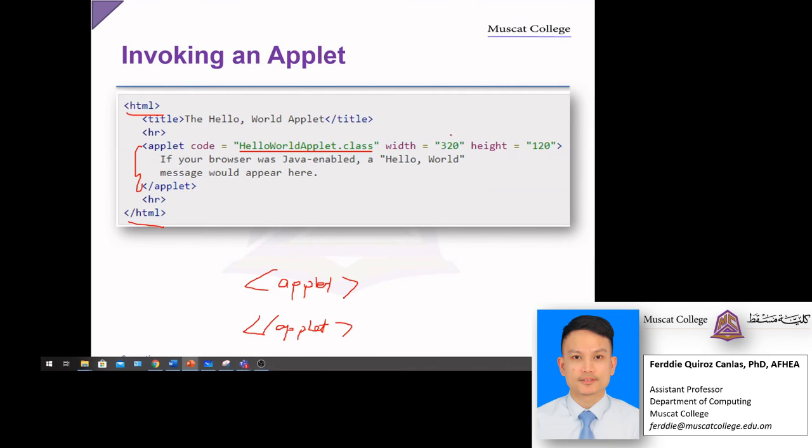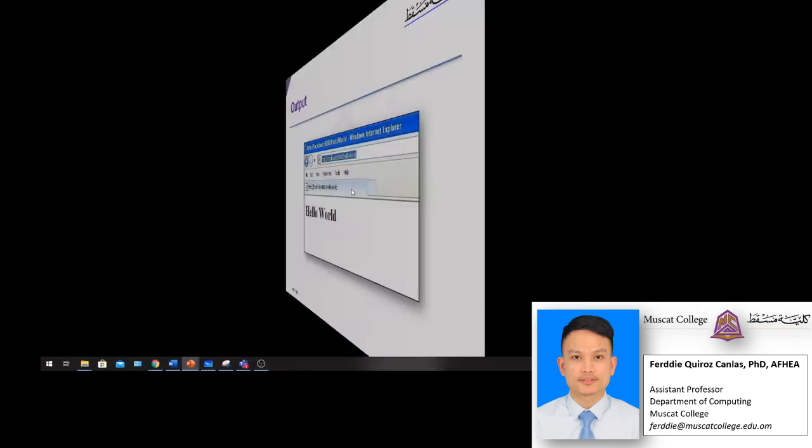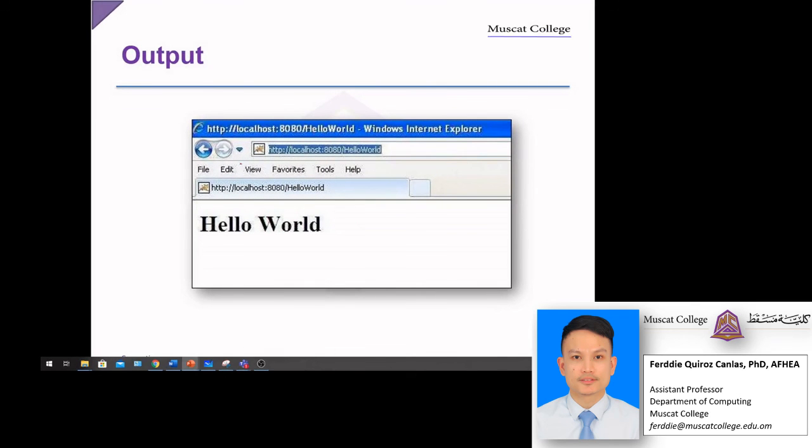Then you want to display it with a width of 320 and a height of 120. So if your web browser is like this, you could set the size of that applet. Maybe your applet will take a space in your web browser, and the output will be something like this.